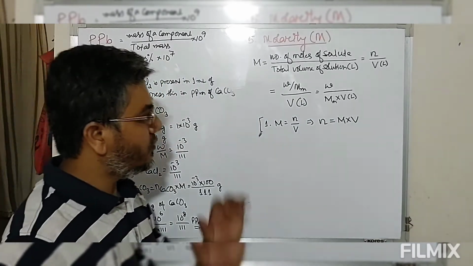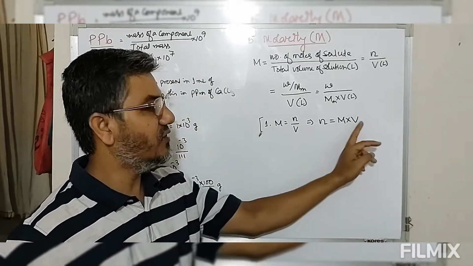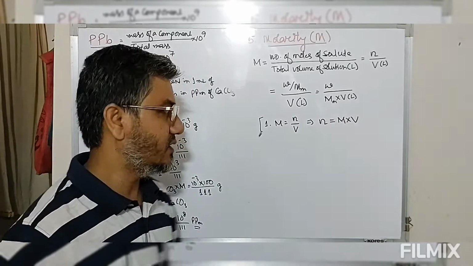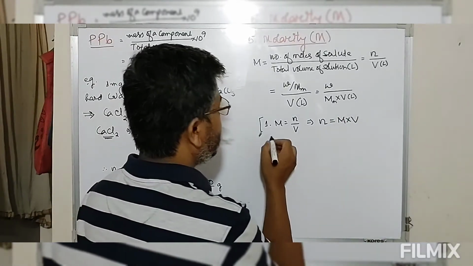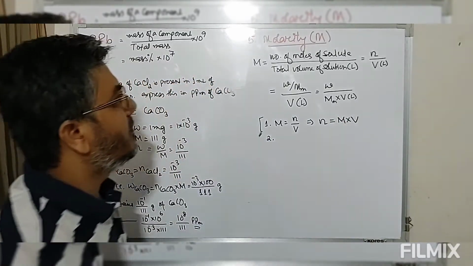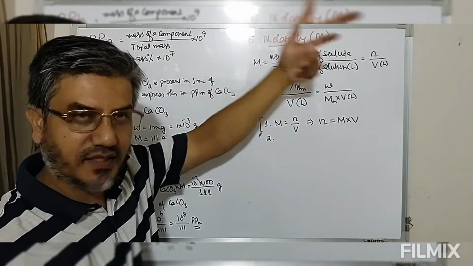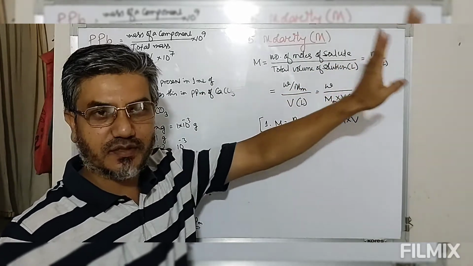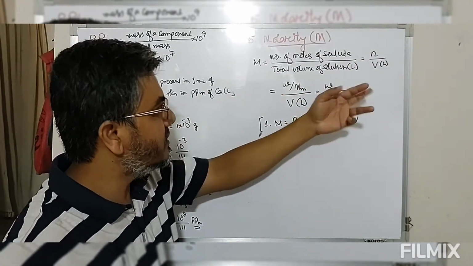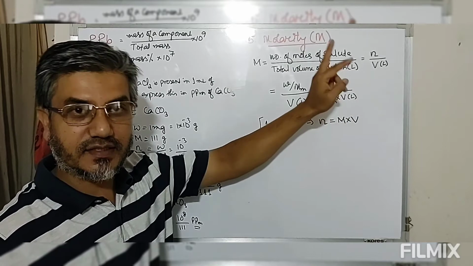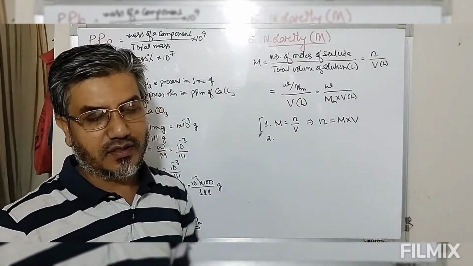While doing this, one thing we have to keep in mind is that volume must be expressed in liters. Second, look at this. Number of moles is mass by molar mass. Mass is temperature independent, so number of moles is temperature independent, whereas volume is a temperature dependent quantity.